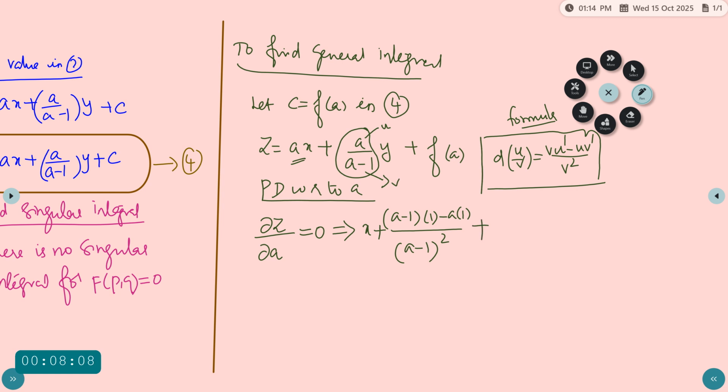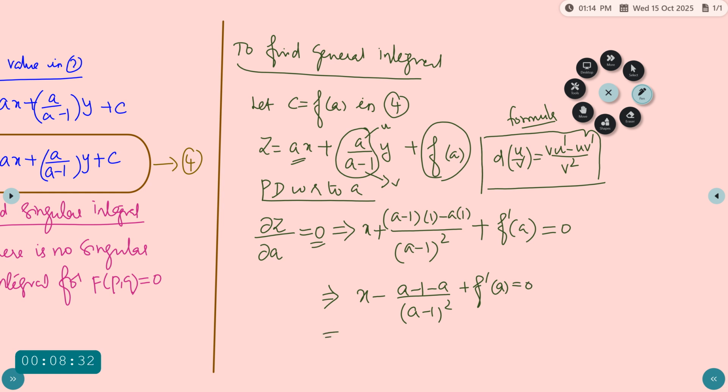After differentiating the third term, we get f dash of a. We are equating this equal to 0. Simplifying, x plus (a minus 1 minus a) divided by (a minus 1) whole square plus f dash of a equal to 0.